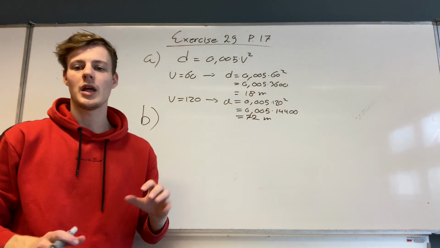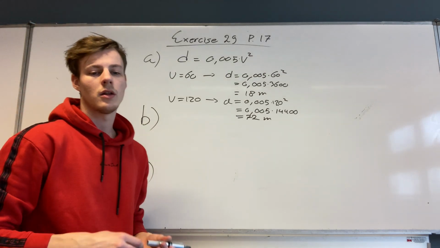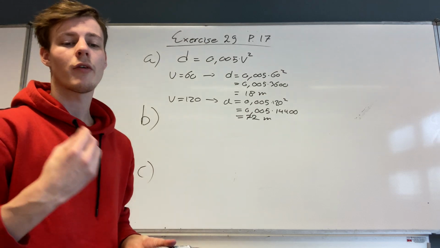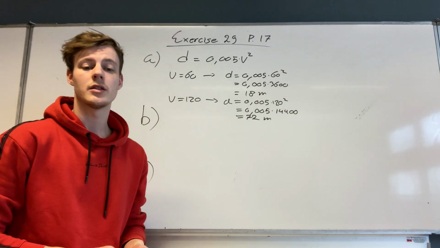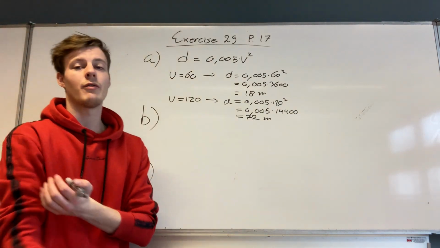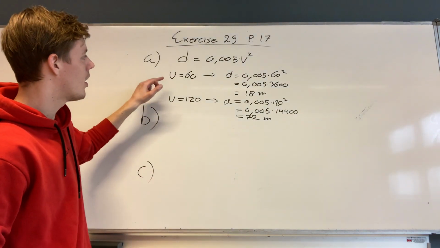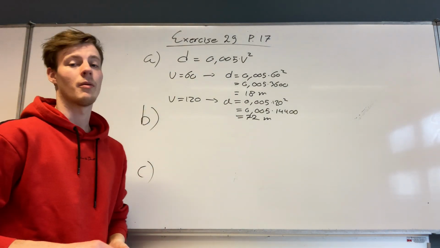Question B is a bit different because Berend says that if you drive twice as fast, then your braking distance is 2 times longer. Well, let's have a look, because we have already filled in two velocities.